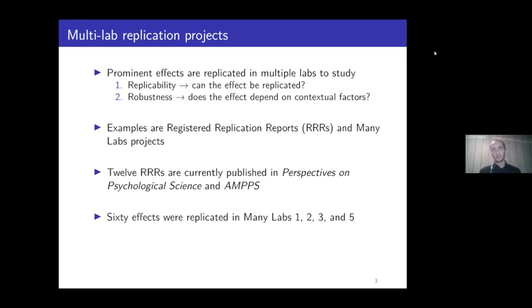Currently, in the two major outlets for these projects, Perspectives on Psychological Science and AMPPS, there are 12 RRRs published, and in the different Many Labs projects, there are in total 60 effects replicated.